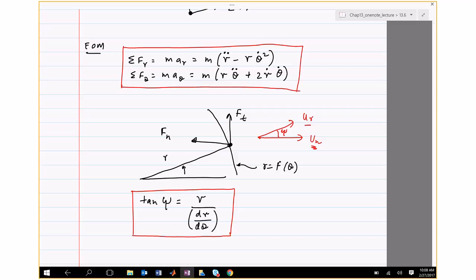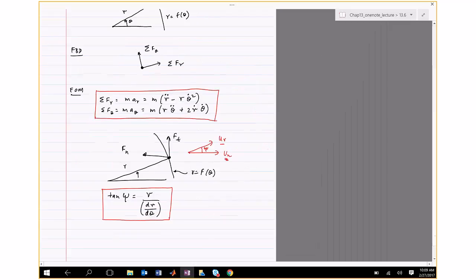So you would have found Fr and F theta as a function of Ft and Fn. Once you do that, it's just a matter of using the cylindrical coordinates to solve the problem. Is that clear? It'll be clear once I do a problem, if that's not clear. Any questions on this? Okay, let's solve problems.